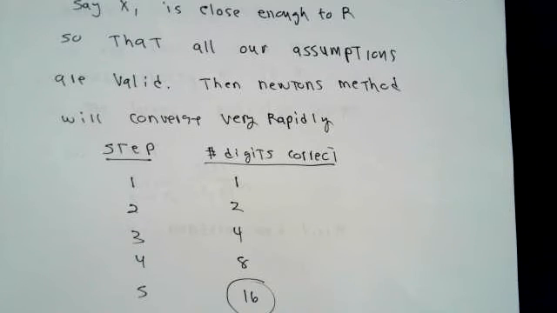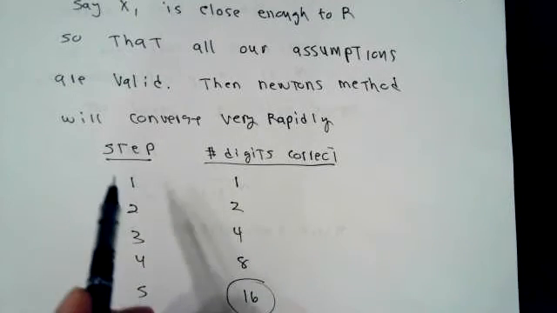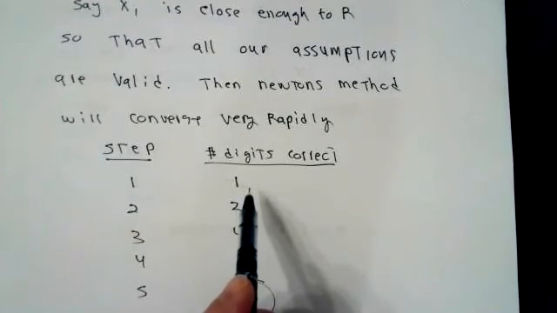Continuing to not worry about that first term too much, suppose your x1 was close enough to r so that you had one significant figure of agreement. Say the approximate answer was 1.7 some odd, and the true answer was 1.45 some odd. At step 1, you have one digit correct.